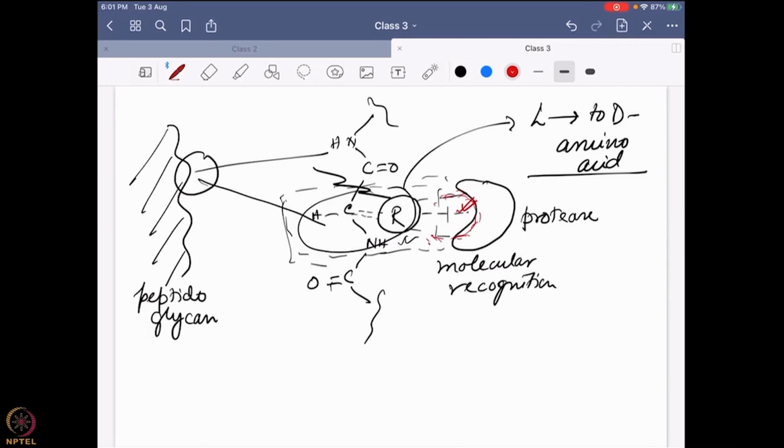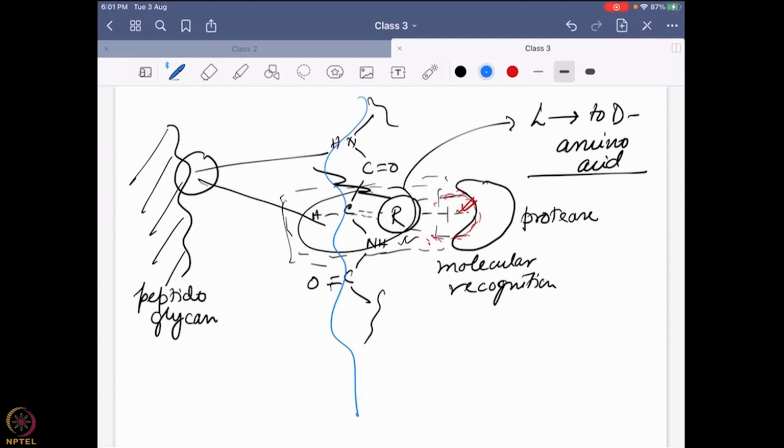However, as I go from L to D amino acid, it changes in a subtle way, it moves in so little a way, but it totally breaks down the interaction between the protease binding site and this R group when it is near this peptide backbone. Because you have to stay near the peptide backbone so that it can act.